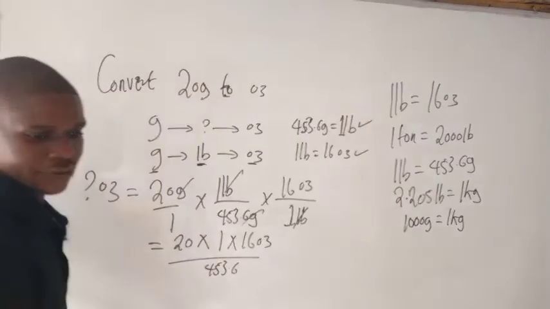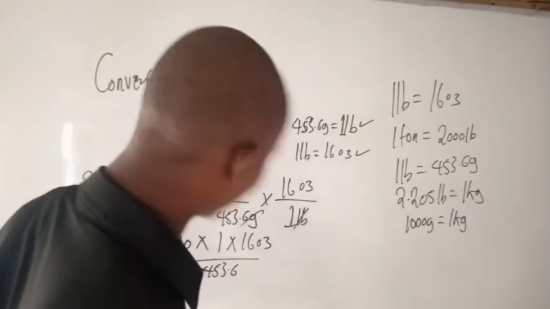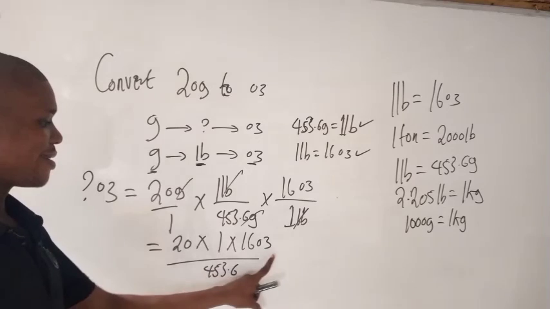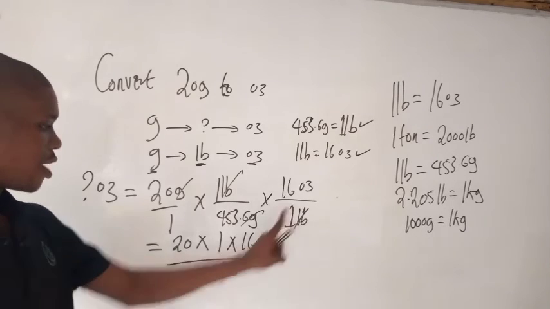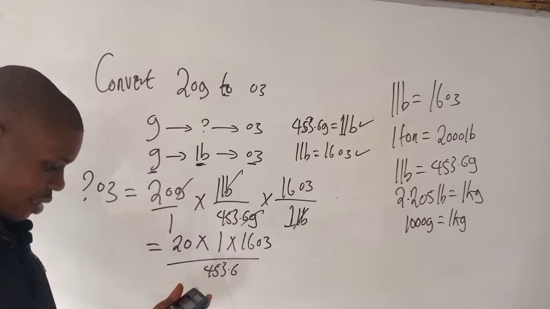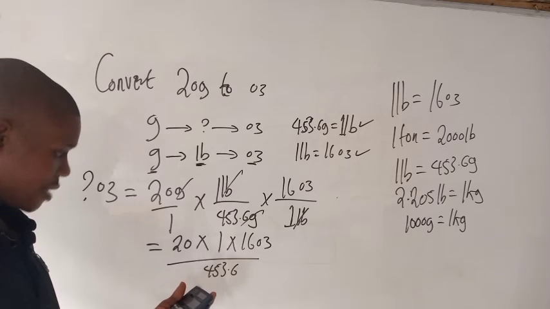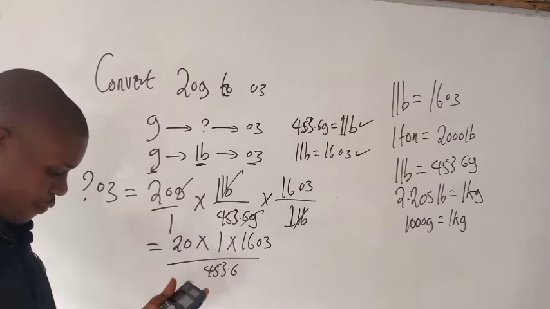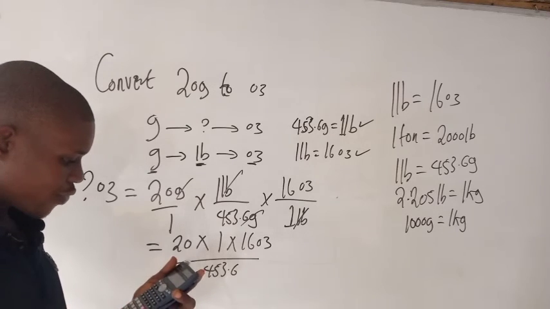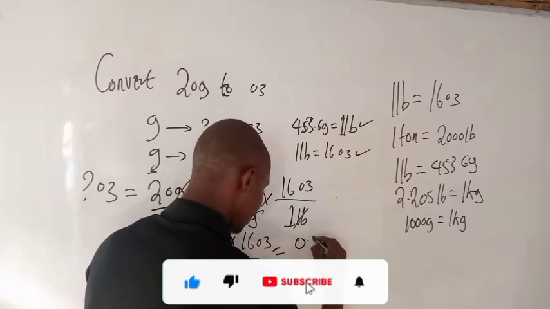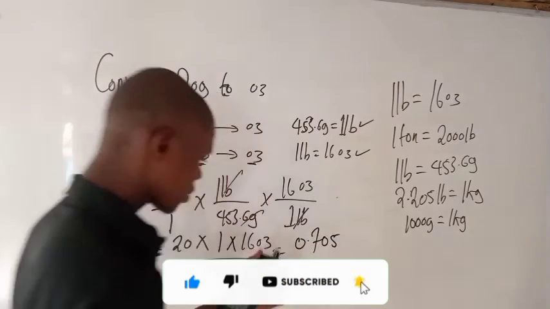So now let's do that. Use our calculator. We're going to do 20 times 1 times 16 ounce. Here OZ is ounce. So we're going to do 20 times 1 times 16 divided by 453.6. So here you have 0.705.